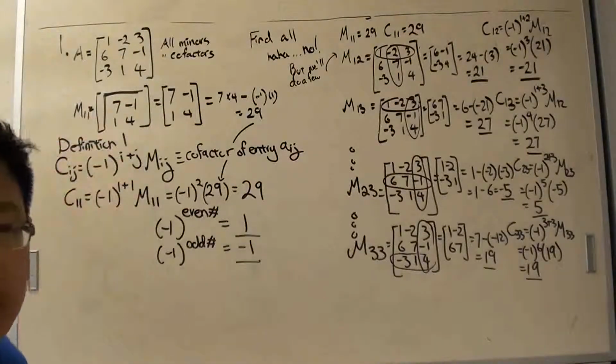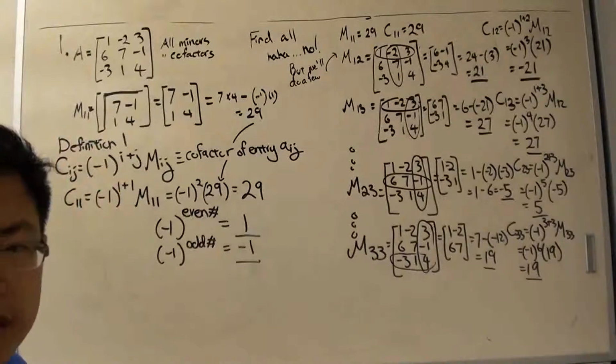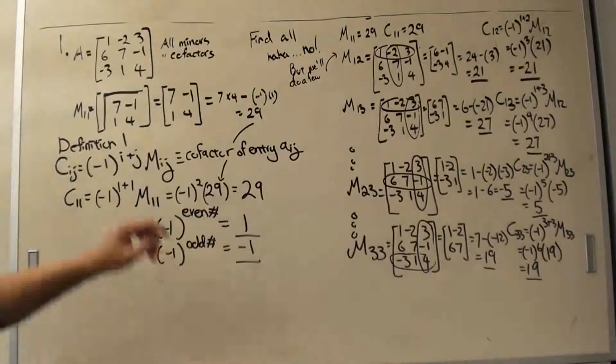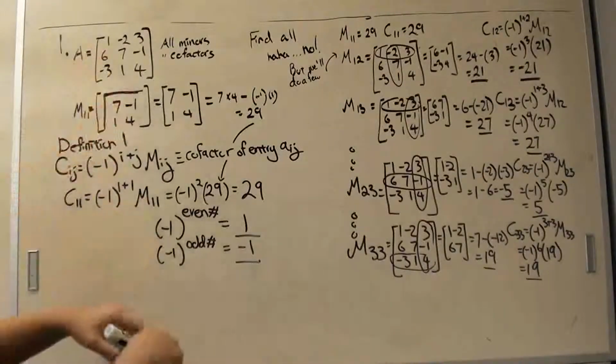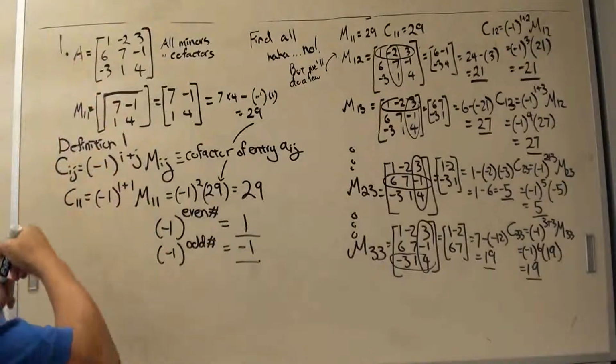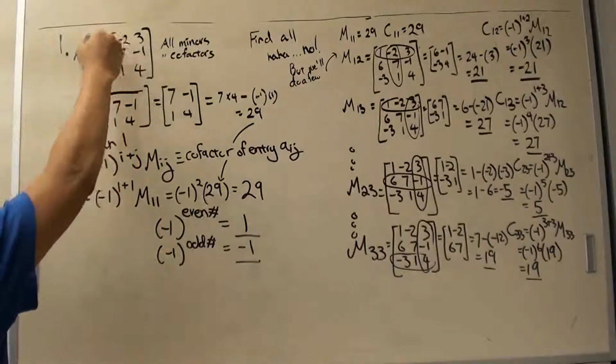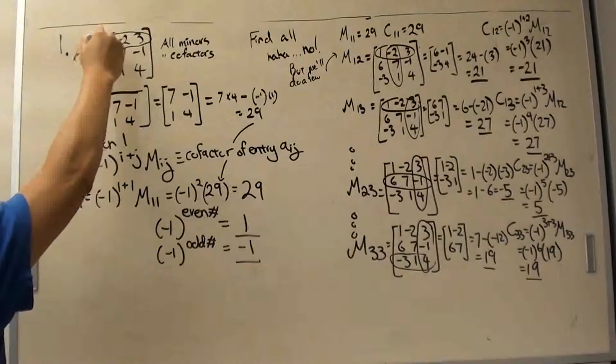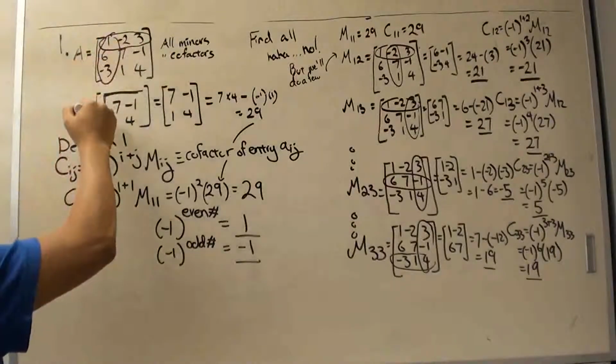Remember, i represents the row, j represents the column. Row, then column. That's always the order as far as we have covered so far. So I'm going to take the first row and first column, because that's M11.